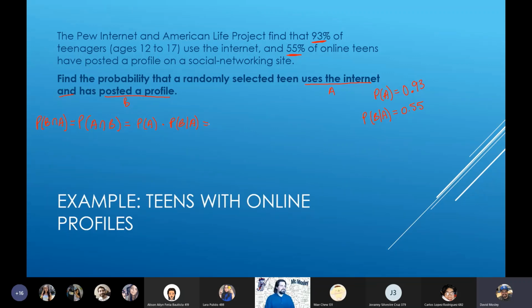So this gives us 0.93 times 0.55, which at that point we grab our handy dandy calculator.